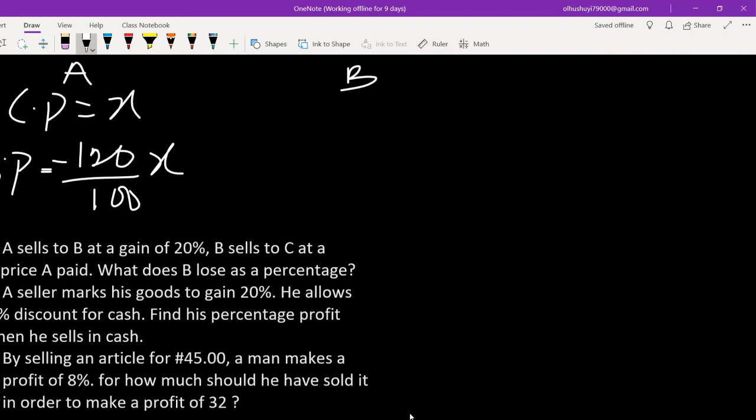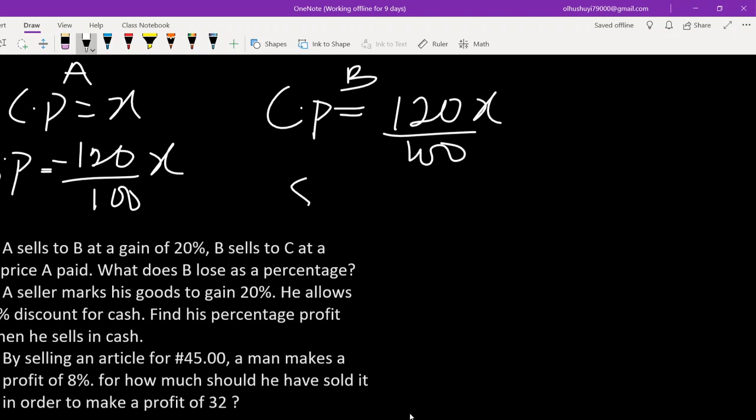Then what happens? B sells to C at the price A paid. That means the cost price of B would be the selling price of A, and the selling price of B is the cost price of A. What we need to work more with is B, because we need the loss percent.